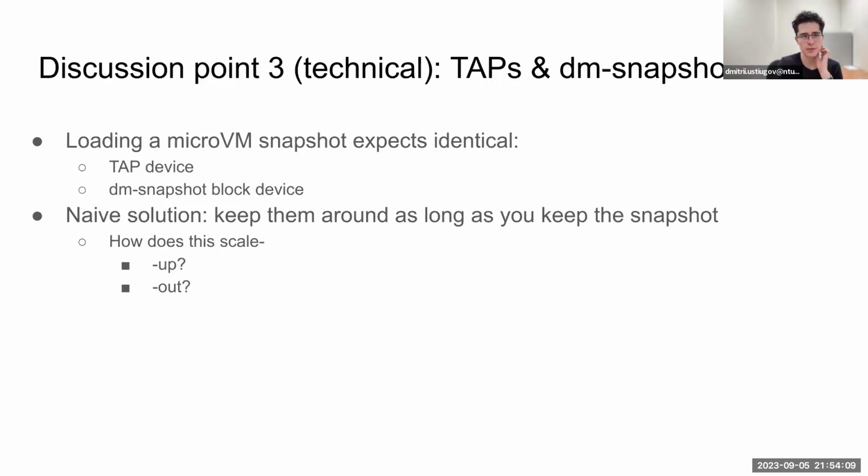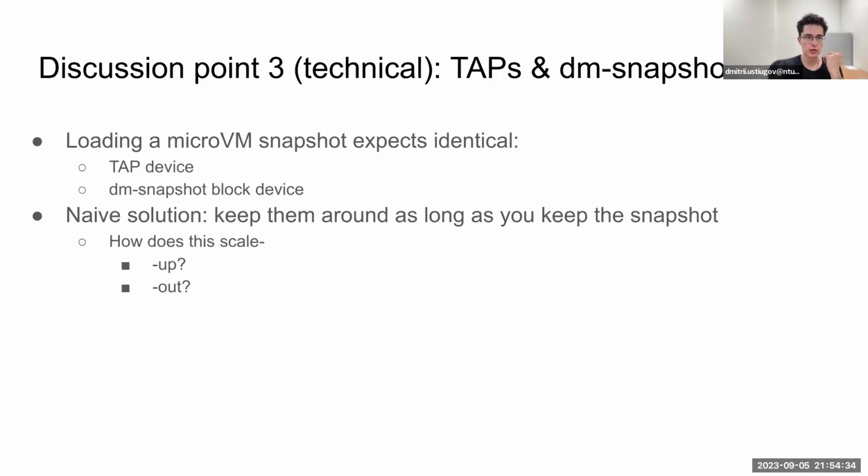Regarding the tap device, this is a relatively easy question compared to the other one. Yes, it needs to be the same: the same MAC and the same IP. So how to achieve that?